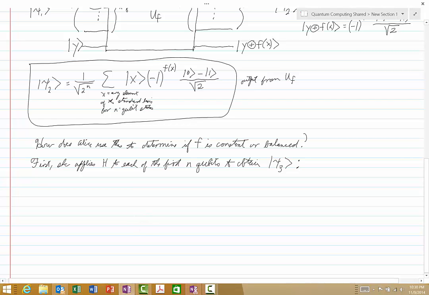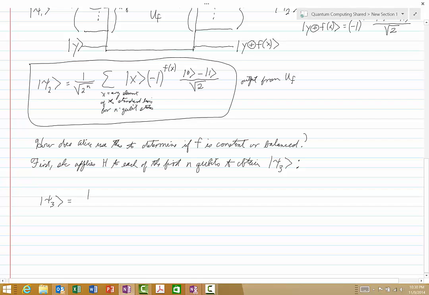Okay? We're going to have C3. Now again, C3 is going to be the result of applying H to each of the first n qubits of C2.